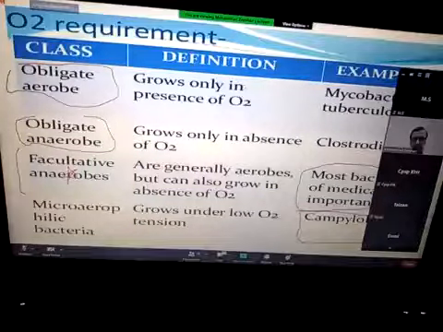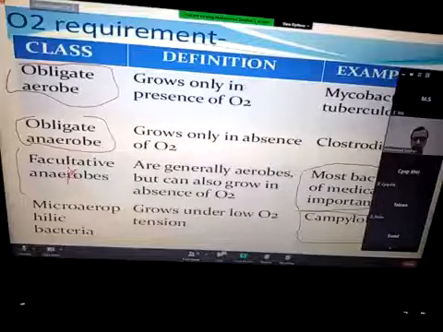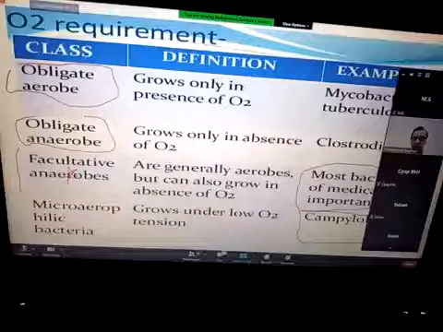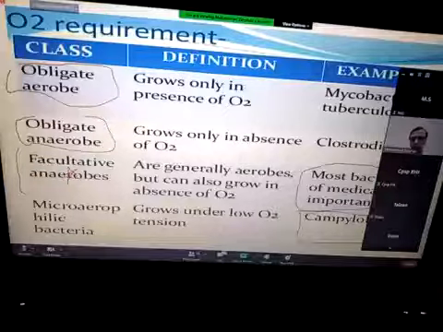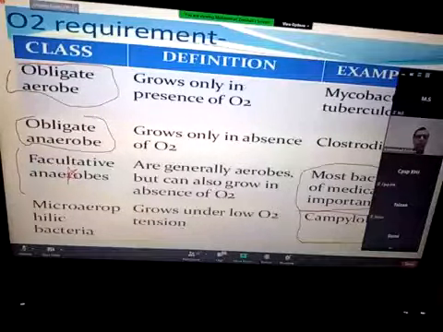Microaerophilic bacteria require low oxygen tension; a common example is Campylobacter. For such organisms we give microaerophilic conditions, and for those that grow anaerobically, we give anaerobic conditions as well.